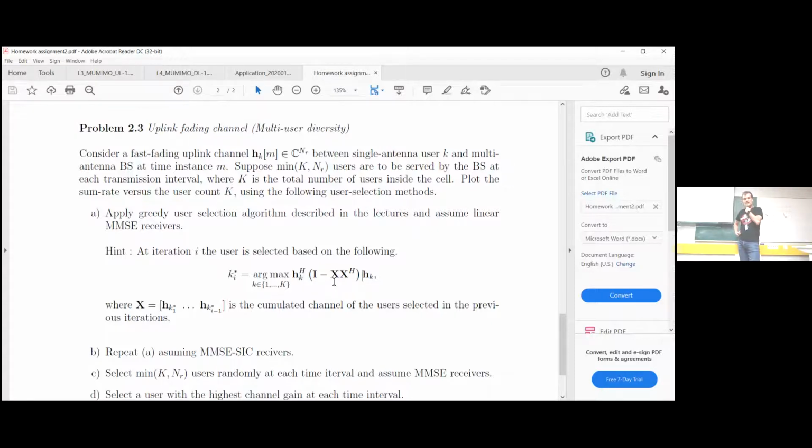About this greedy selection, it's missing an inverse, so it should be X_I minus X times X Hermitian X inverse times X Hermitian, or the other way around, as long as it's invertible, right? The description will be updated as soon as possible. If you use that expression, it's the same as that. Okay.